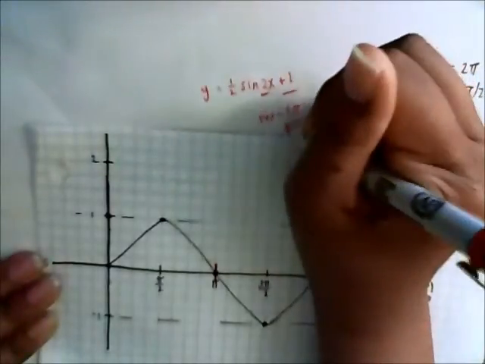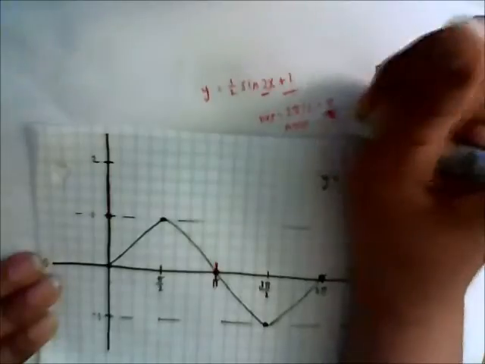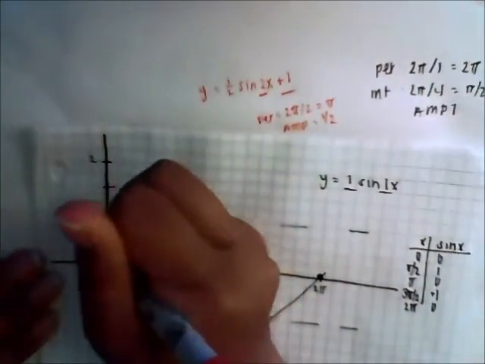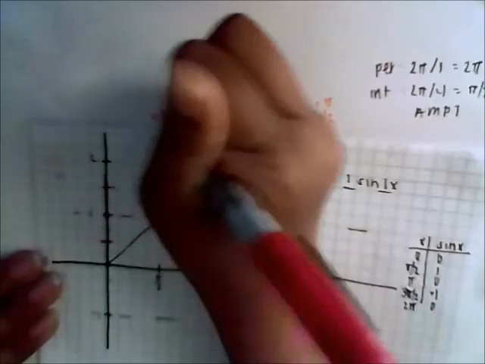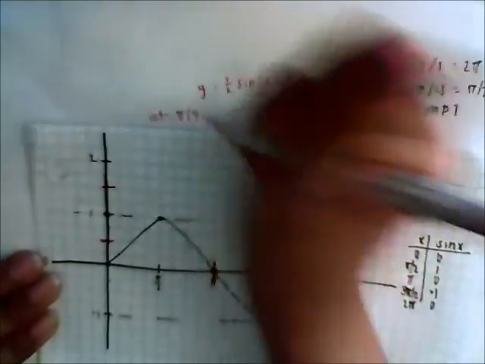Next, we can find the amplitude, which is half. So that means it can only go up half and down half from 1. And I forgot to find the interval, which is the period divided by 4.